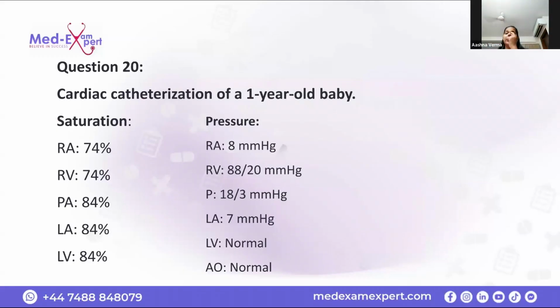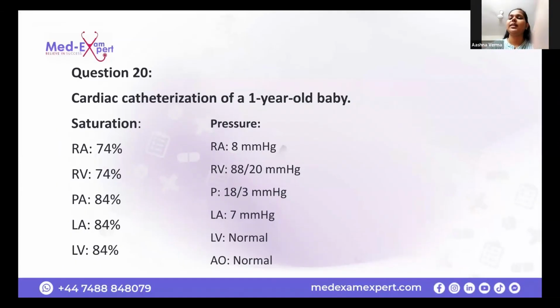Moving on to the next one. This question was asked in the February 2025 question paper. It said cardiac catheterization of a 1-year-old baby showed the following saturations. So let me make the schematic diagram.